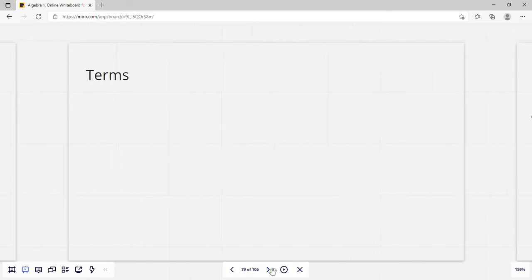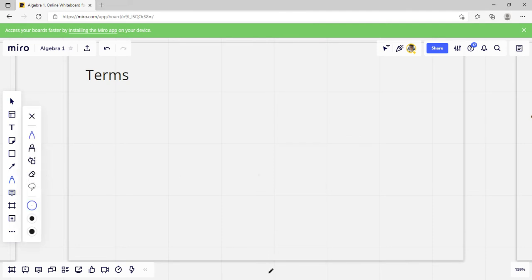Okay, terms. Terms are going to be anything that is separated by a plus or minus sign in an algebraic expression. So if we have 3x plus 2y minus 4, this is a term, and that's a term, and that's a term. It's going to be the parts that are separated by a plus or minus sign. 4x to the third minus 6 plus 2xyz.